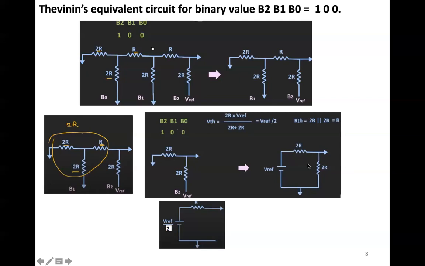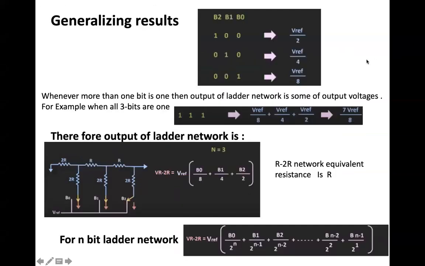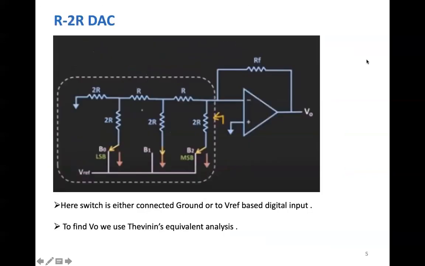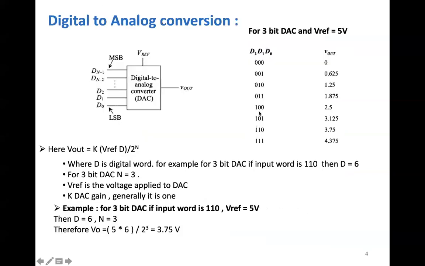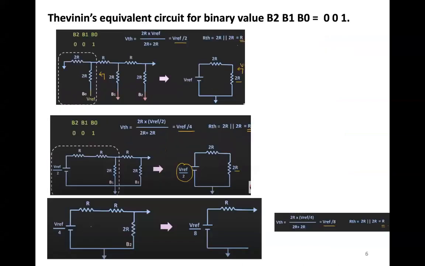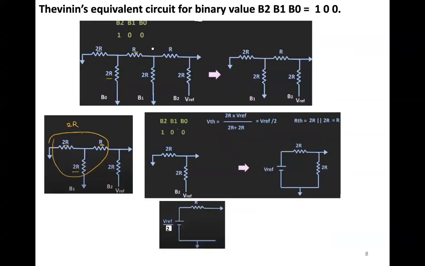If I have to reduce this, if I bring it down, then it becomes R. So this is divided by 2. So for 1 0 0, 5 divided by 2 should be giving about 2.5. Let's check now if 1 0 0 is 2.5. 1 0 0, yes, it's 2.5. So this is how we actually reduce.